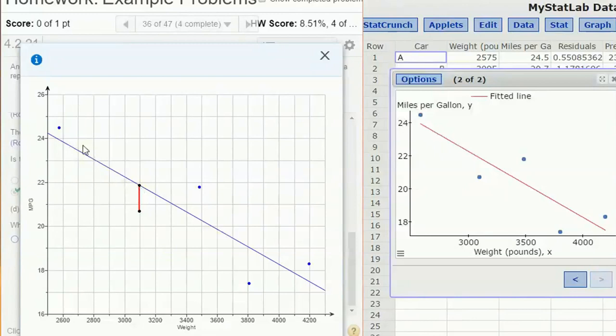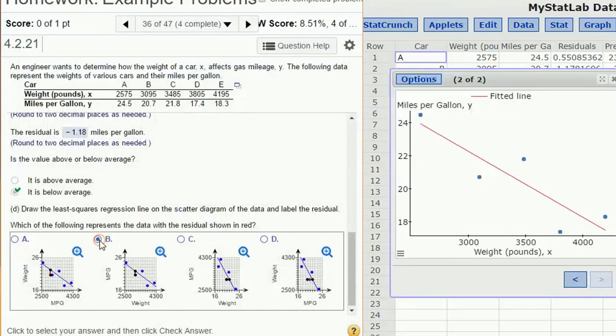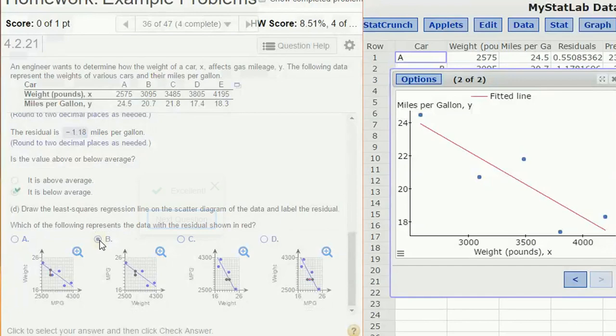You can see the points are all scattered around. This is point car B. This is what was predicted. This red line, that distance, the difference, it's negative, is the residual. So yep, that's certainly our answer. Great.